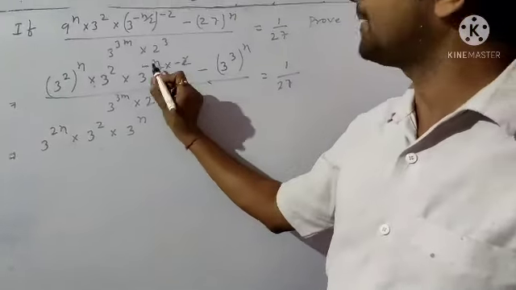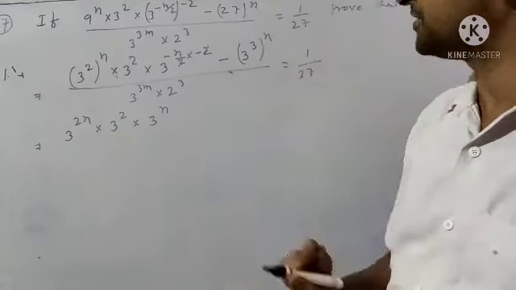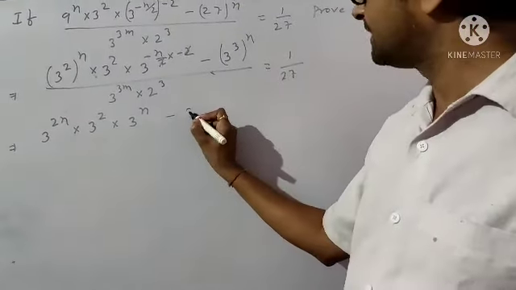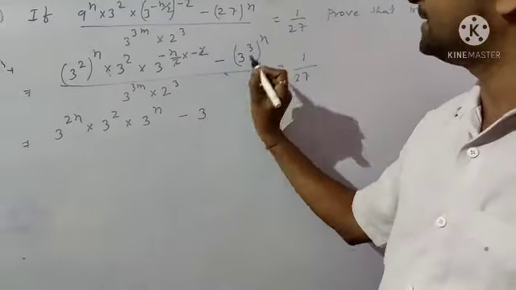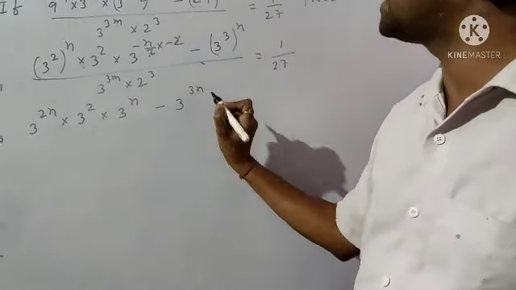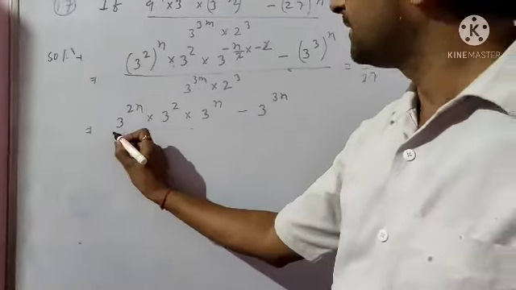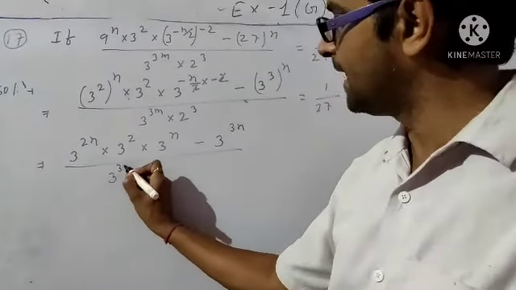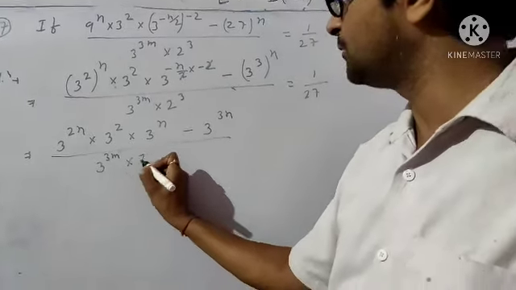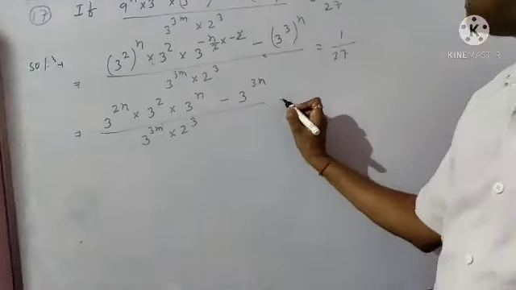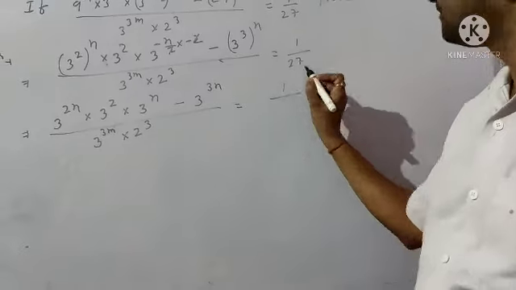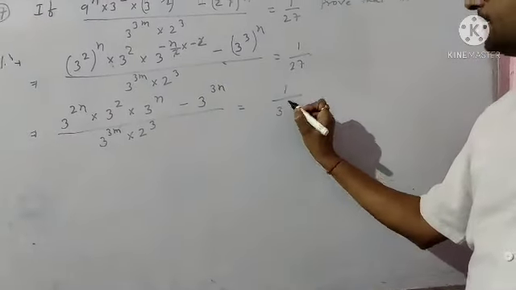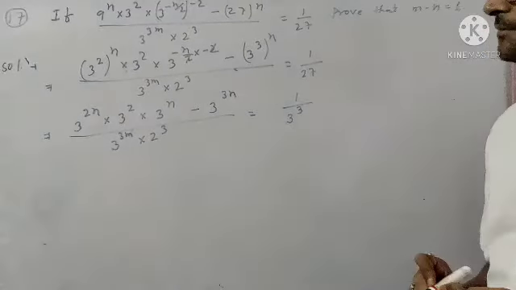Minus 3 to the power 3 and n is multiplication form, so we can write here 3n divided by 3 to the power 3m into 2 to the power 3, and this value is equivalent to 1 by 27. 27 can be written as 3 to the power 3.